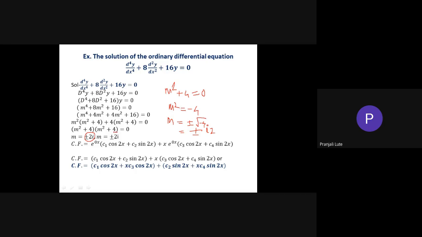Similarly, apply the case of imaginary roots. This root is repeated, so that's why we write x here, because the roots are repeated. Again alpha plus minus i beta, and alpha is not there, so consider it as 0. So e to the power 0x, times C3 cos beta x, meaning 2x, plus C4 sin beta x.